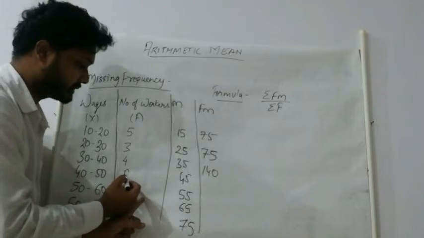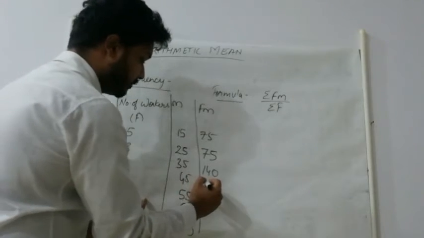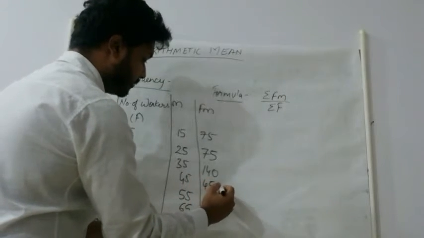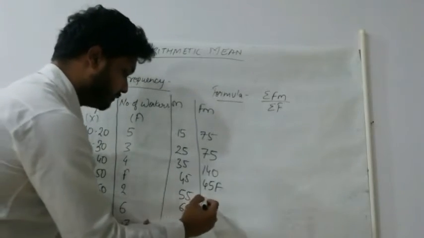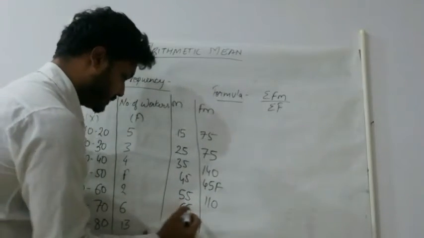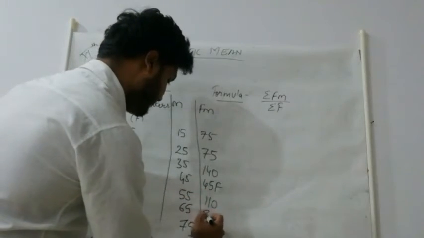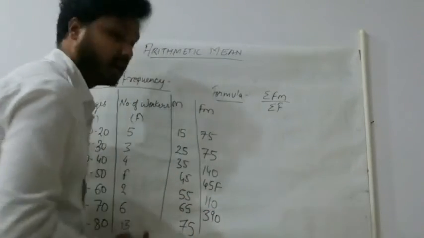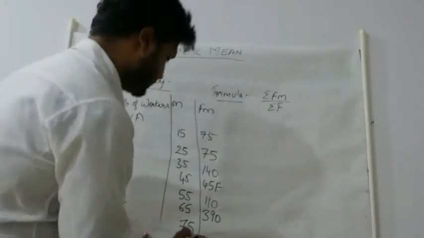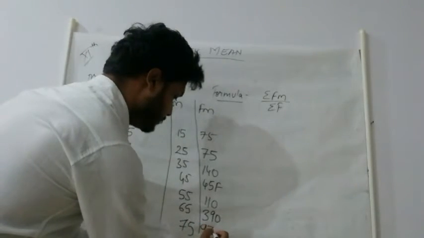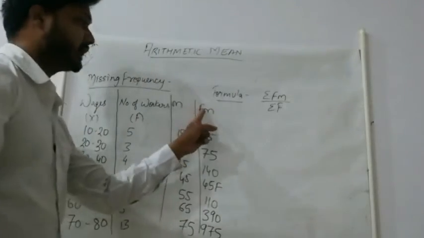Keep in mind here it is f. Okay, so 45 into f, it will be 45f. 55 into 2, 110, 65 into 6. Okay, it will be 390, and the last value is your 975. So we have got fm.